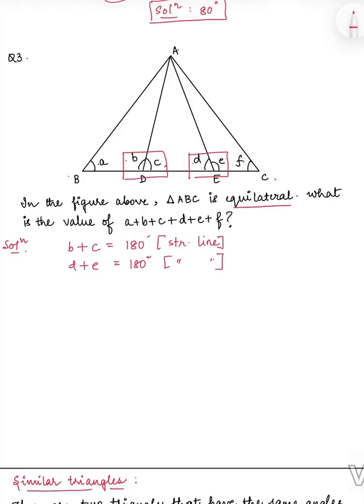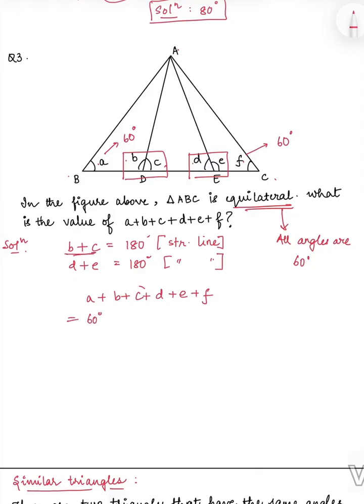Now it is given that it is an equilateral. So all angles are 60 degree. We know that. Now so this will also be 60 degree and this F will also be 60 degree. Now it becomes very simple. A plus B plus C plus D plus E plus F. That will be A is 60 degree.